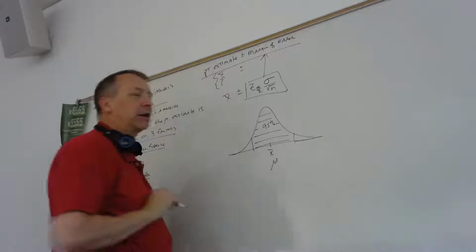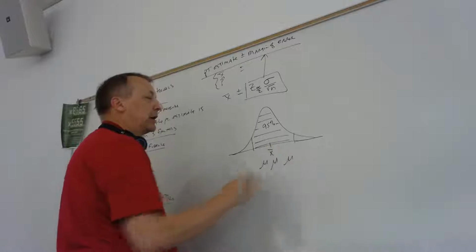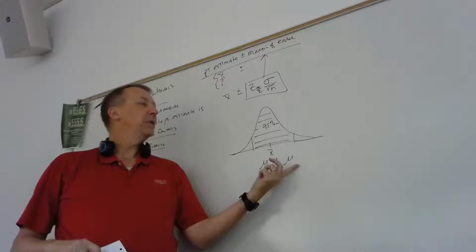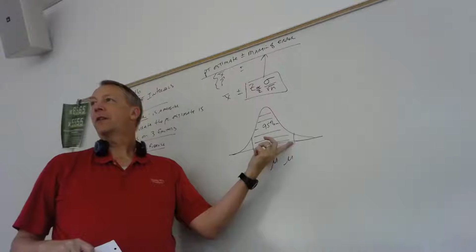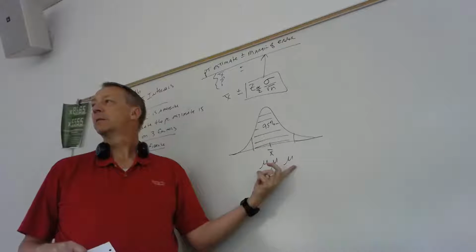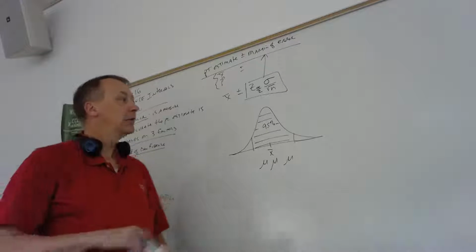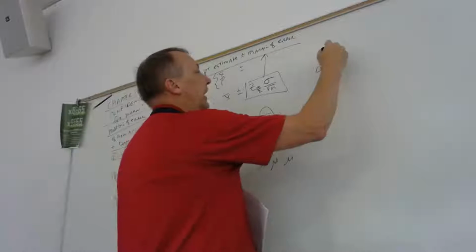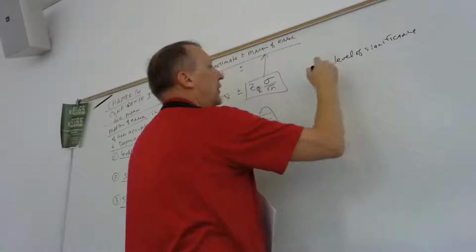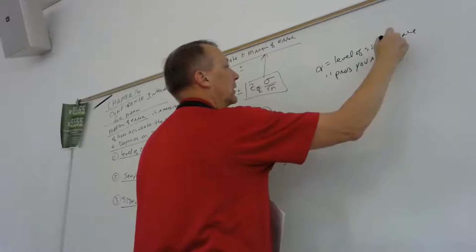Hopefully mu is exactly where your sample mean is, but it could be lower, it could be higher. But if you go out 2 standard deviations, you've got a 95% probability that this interval will contain that population mean. What's the probability that you're wrong? 5%. So we call alpha your level of significance, and you can also think of that as the probability you are wrong.